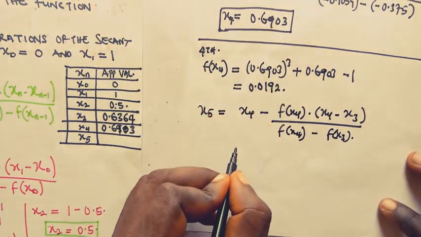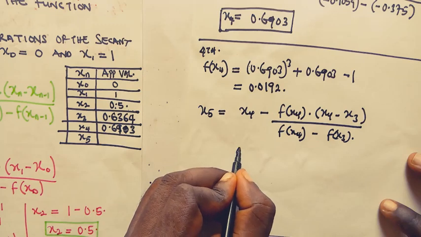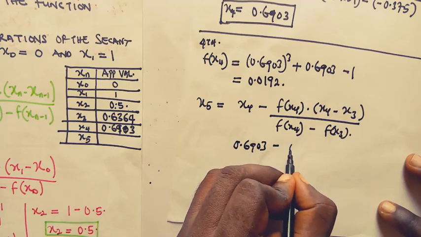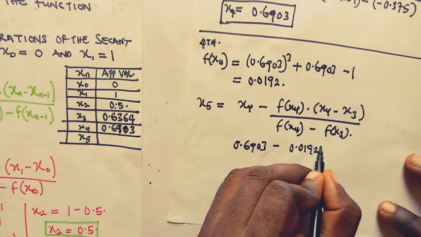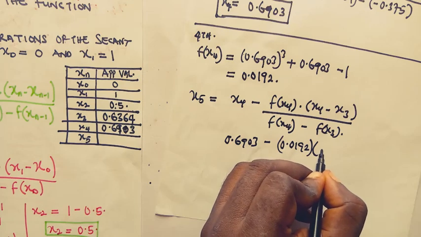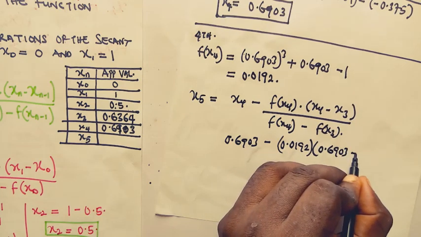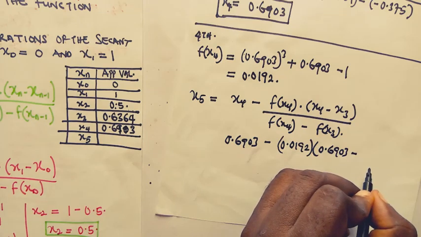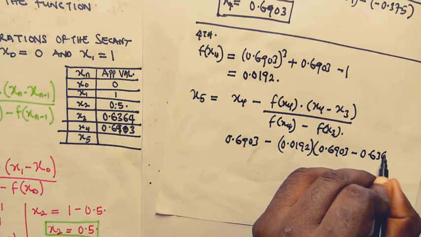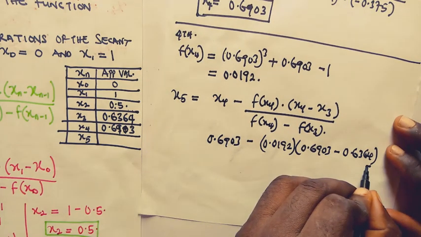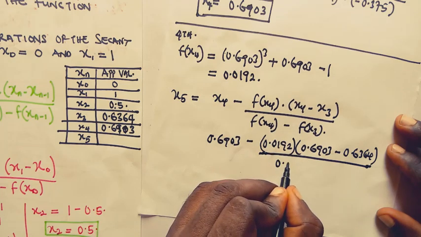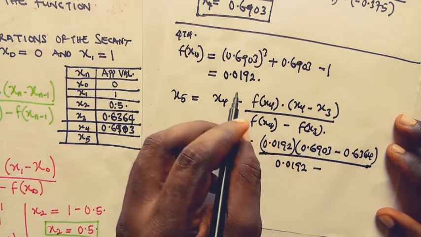And slotting the values in, we have x4 is 0.6903 minus f of x4, 0.0192, multiplied by x4 minus x3, that is 0.6903 minus our x3, which is 0.6364, all divided by f of x4, 0.0192, minus f of x3.